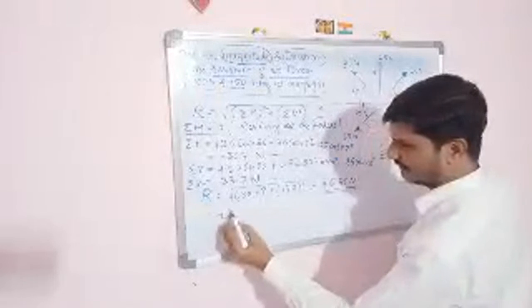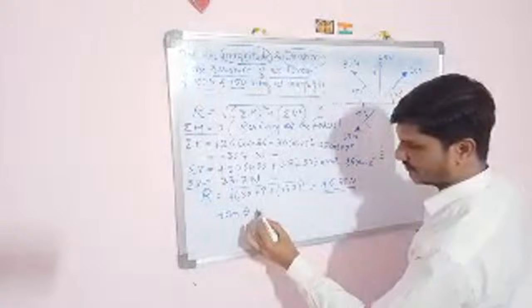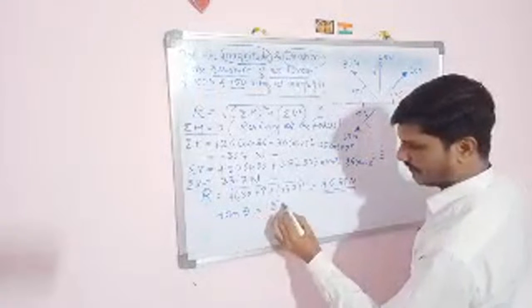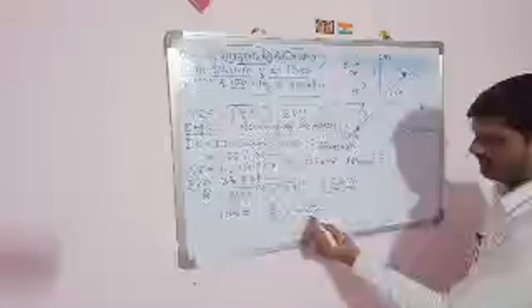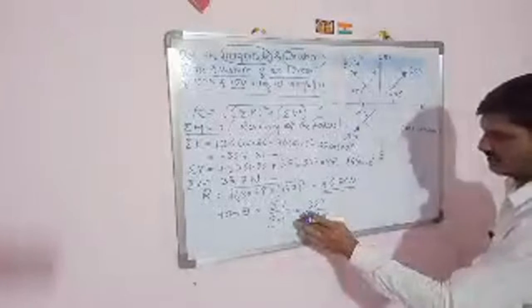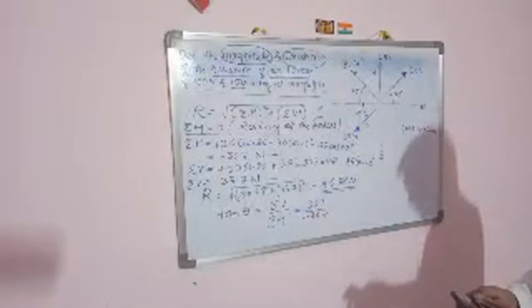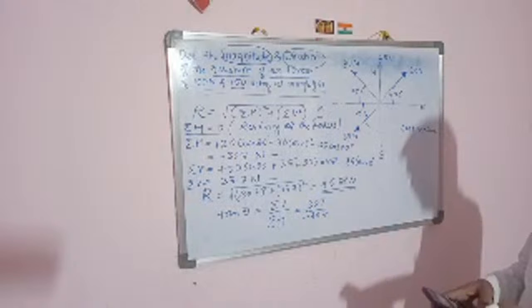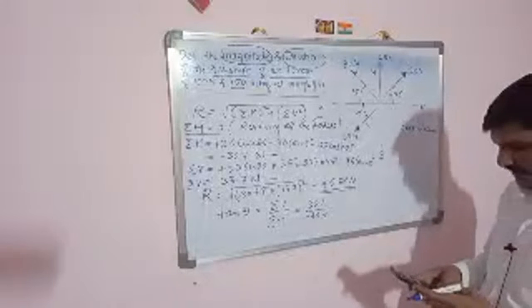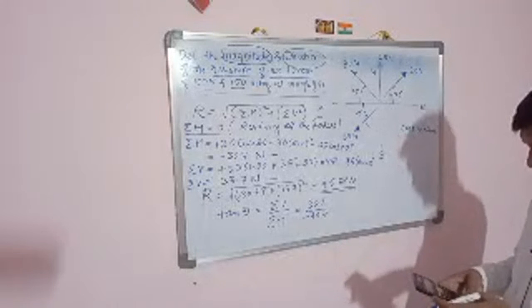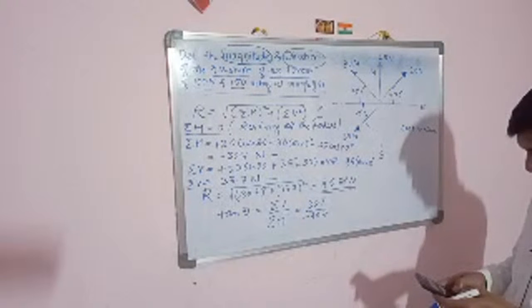Where theta, there is an equation: tan theta is equal to sum of vertical force divided by sum of horizontal force, and horizontal is minus 30.7. So minus also you have to consider because there is a difference in the sign also. 33.7 divided by 30.7, tan inverse of the answer.